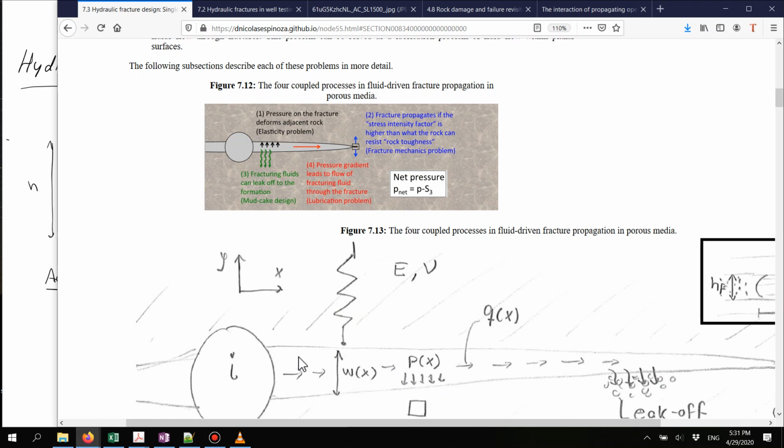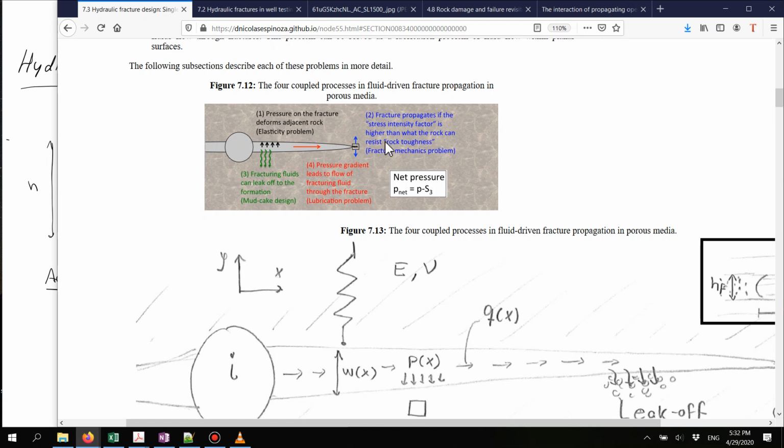The opening of this fracture is going to be proportional to the pressure in the wellbore and inversely proportional to the stiffness of the formation. We can solve that with the solutions of continuum mechanics problems. For example, we could simplify this to an elasticity problem.